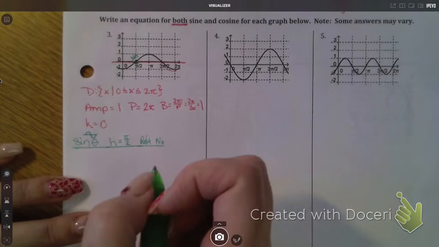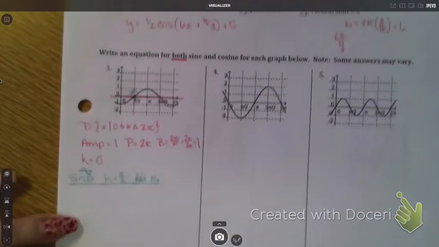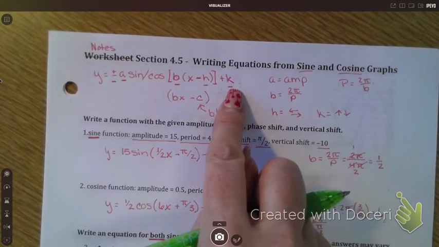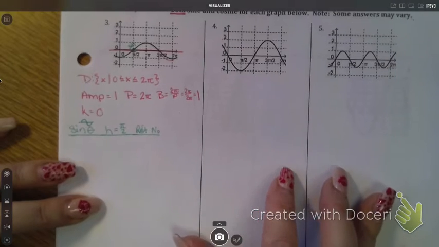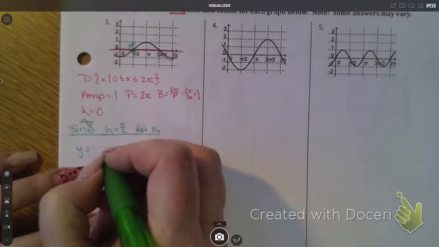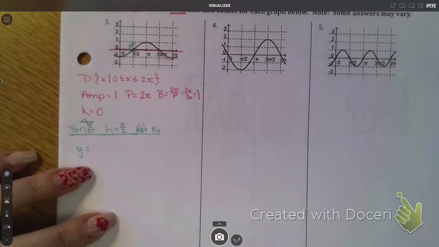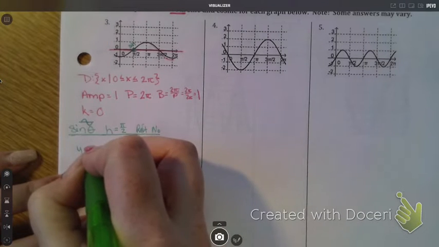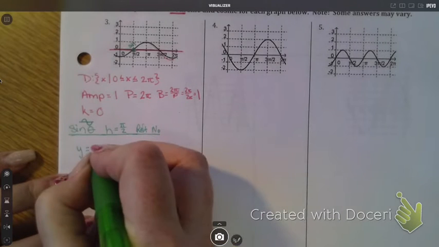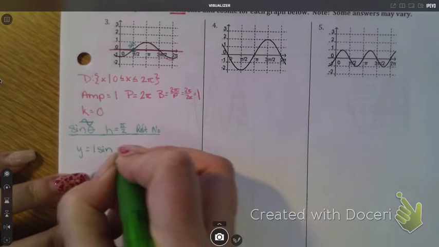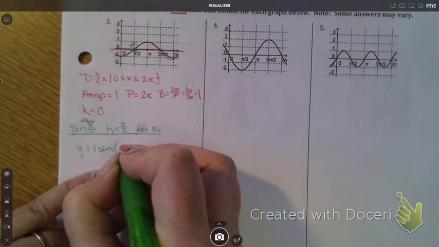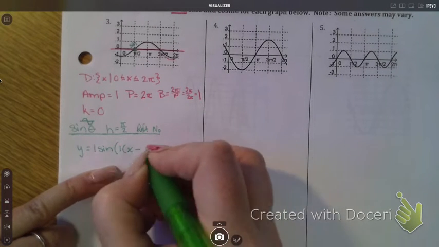Okay, so now I'm just going to fill it in. You guys have it on your note sheet. We're just going to fill it into here. That's all we're going to do. So it's y equals, well, I'm going to do it in steps. Amp of sine is 1. Now, normally I would expect you just to write sine, but I'm just going to do it for now. 1 sine of b, 1, x minus h, what's h?